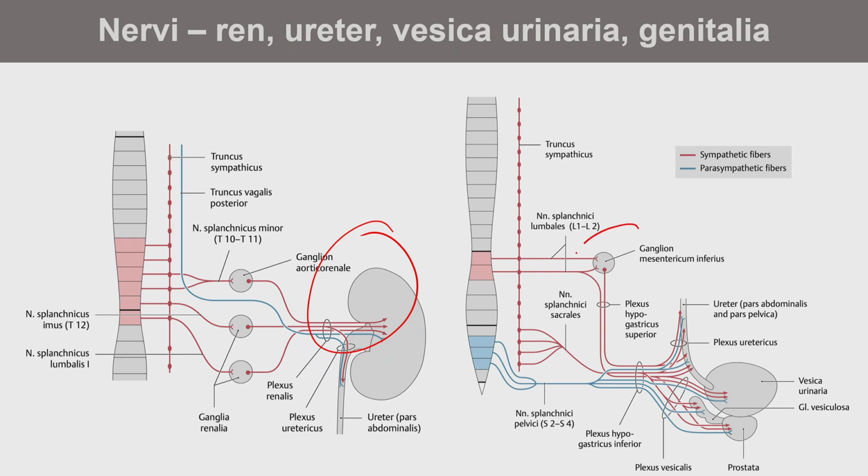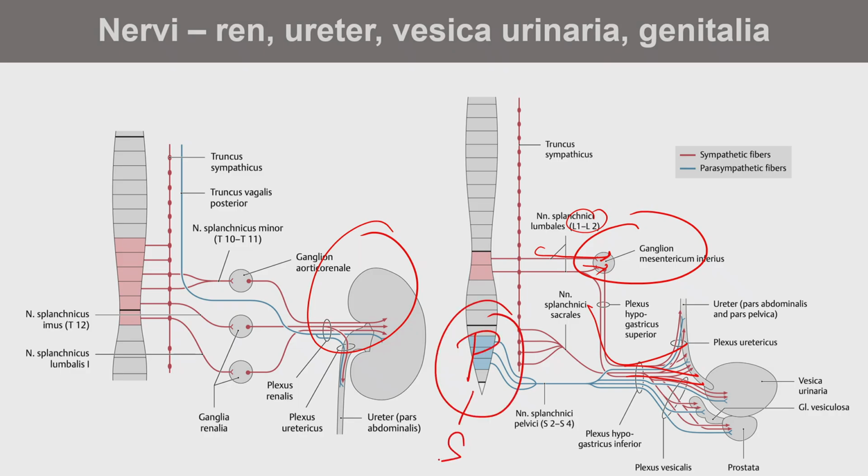So then the supply is partially from the sympathicus, from the lumbar sympathicus, from first and second, and then those lumbar splanchnic nerves are providing the nerves to the inferior mesenteric ganglion, and then is supplied part of vesica urinaria and the prostate, etc. But the parasympathicus is from segments S2 to S4.